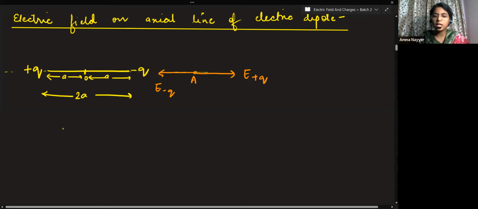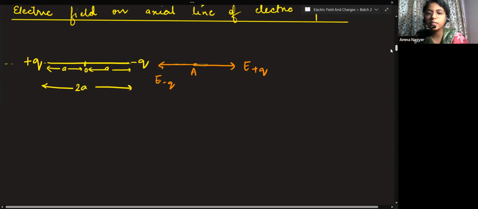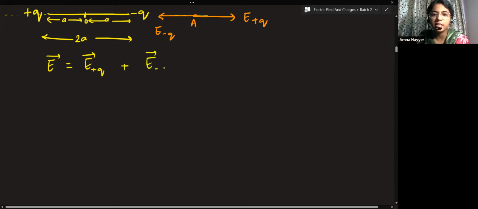See, you have two charges with you now, and both of these two charges have their own electric field. Now, these two charges have the opposite direction. So the resultant electric field will be given by vector addition of positive charged electric field and the negative charged electric field. This will be your answer.